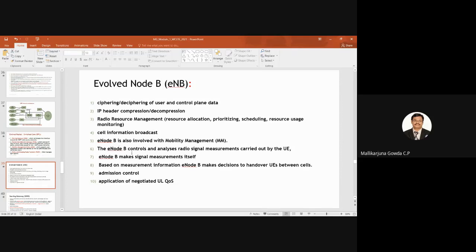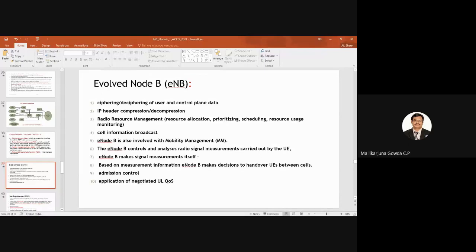Then ENB controls and analyzes radio signal measurements carried out by the user equipment. Your mobile signal strength will be analyzed and controlled, and it will be monitored and measured continuously by the ENB. It also makes signal measurements by itself, so its own signal strength will also be measured.